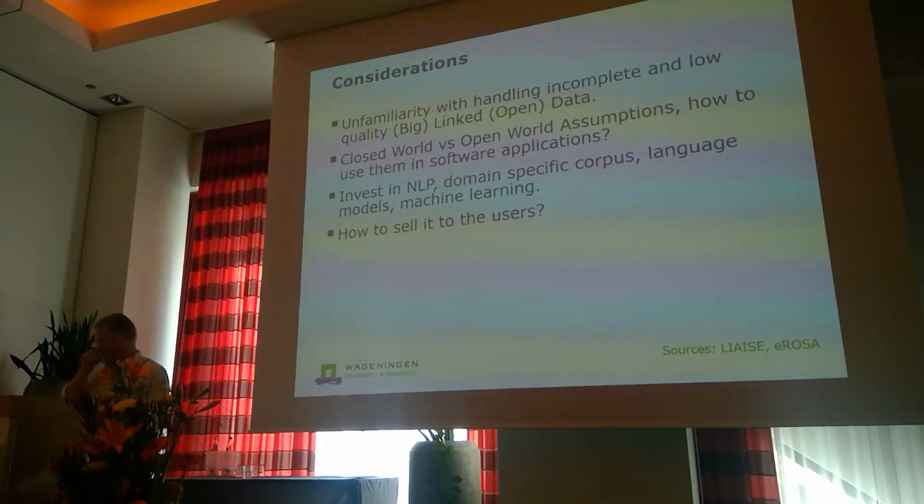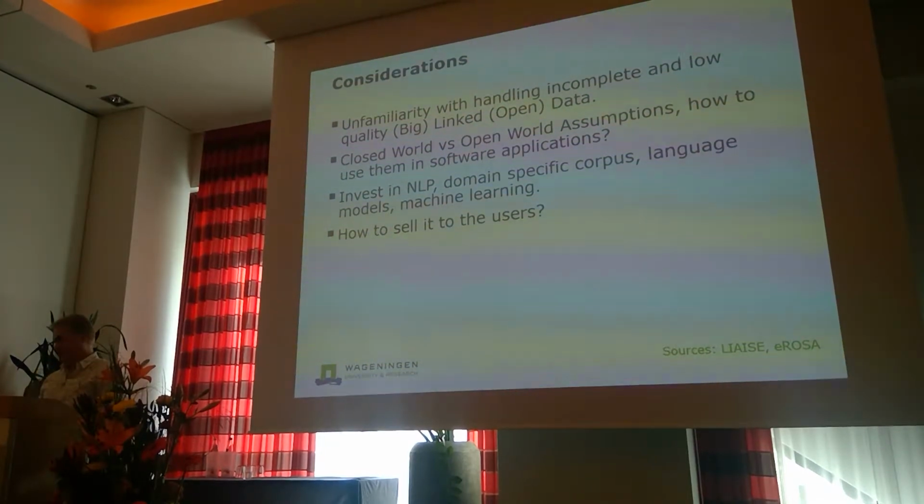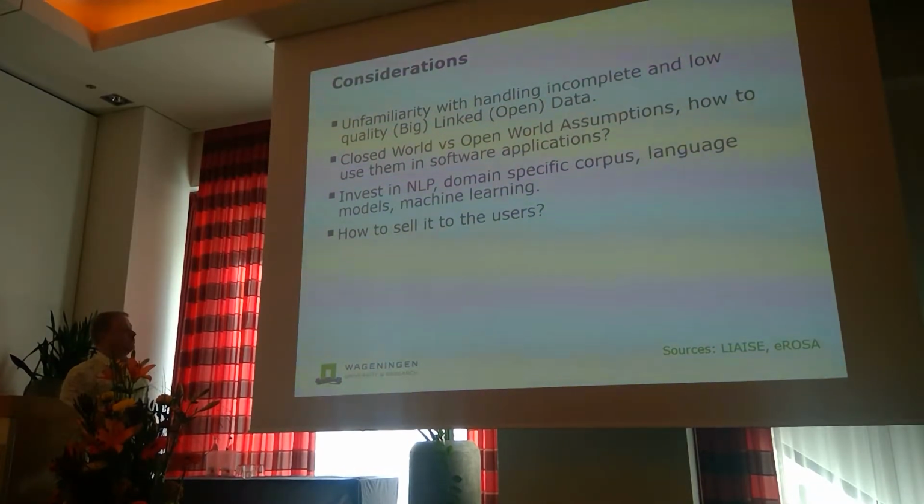I think as computer science at that point we didn't have enough knowledge about how to deal with this. Big data sets are more incomplete, you have a lot of unknown values probably, and you're probably not sure about the quality.